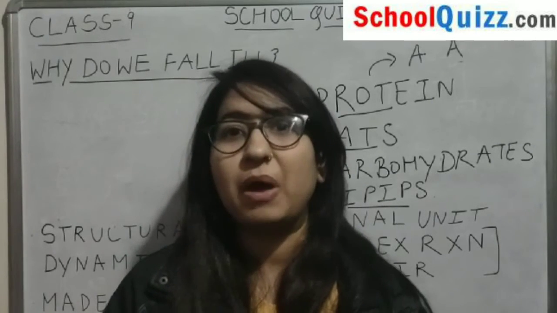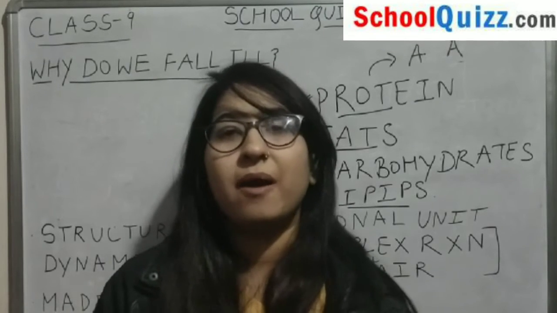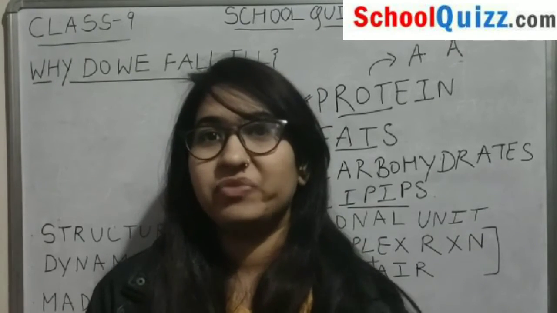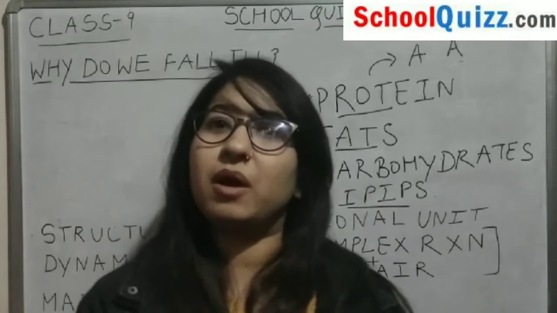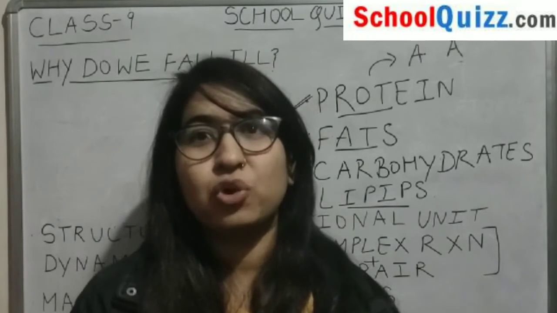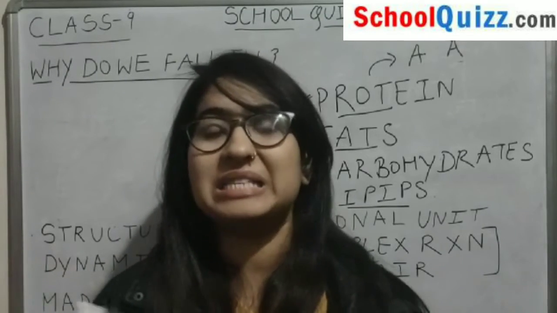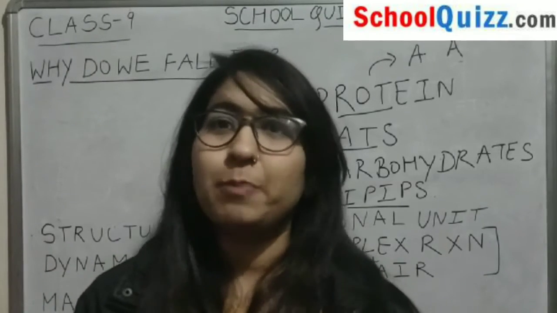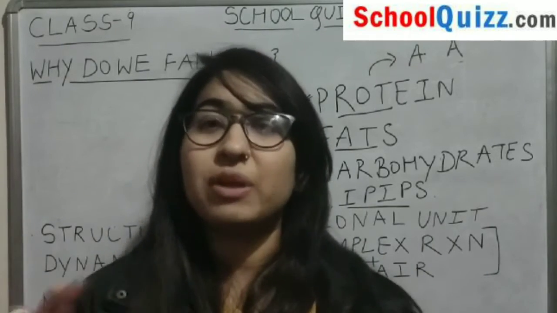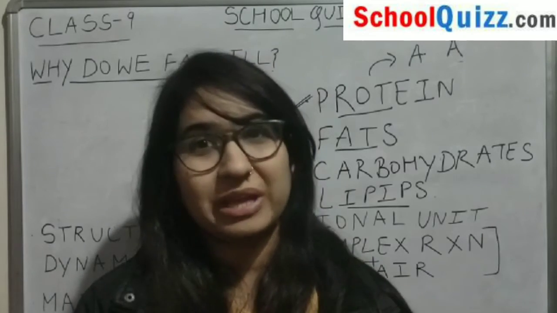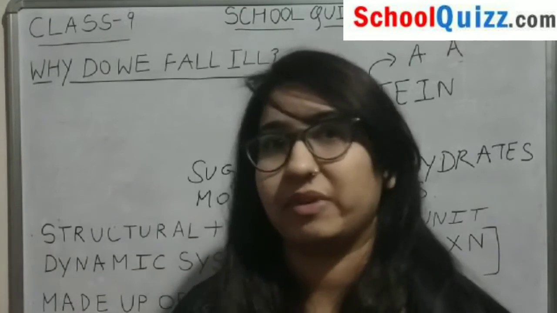If the amount of protein is also increased in our body, the deposition of protein will affect the function of the kidney. So we should always try to include a balanced diet in our food. A balanced diet is a diet in which we have balanced constituents of proteins, fats, vitamins and other necessary nutrients.